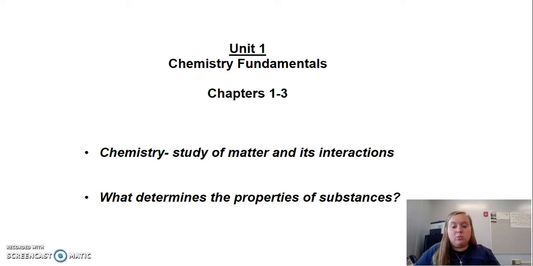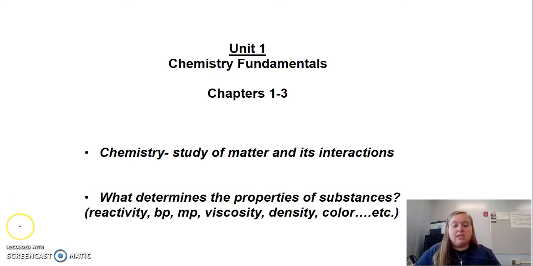Some of the interactions that we are going to be looking at are things like reactivity, boiling point, melting point, viscosity, density, color, things like that, and we're going to be looking at why compounds have these particular properties and what about them causes the different reactivity, boiling point, melting point, things like that. So IMFs and bonding angles and all that good stuff.